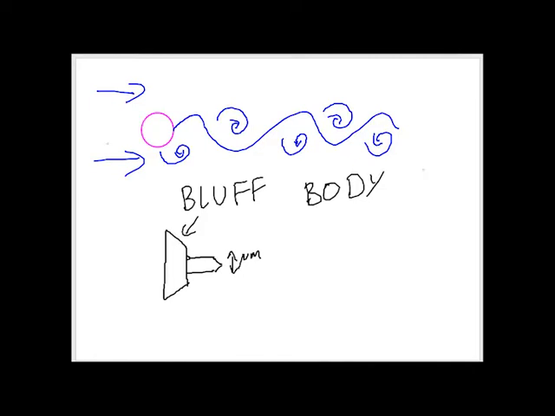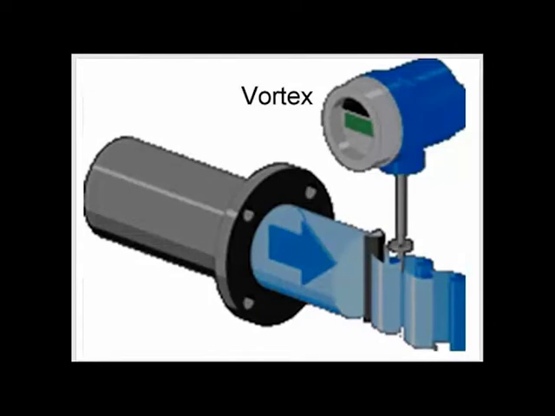One from one side, the other from the other side. So this is what a vortex flow meter looks like. You have a bluff body here, creating the vortices, and you have a flag here, which flaps backwards and forwards. It's just like a flag in the wind. And just like a flag in the wind, the faster the wind blows, the faster it flaps.